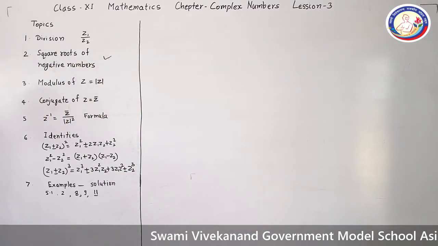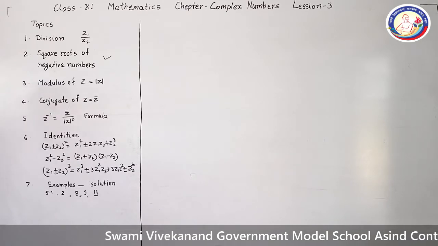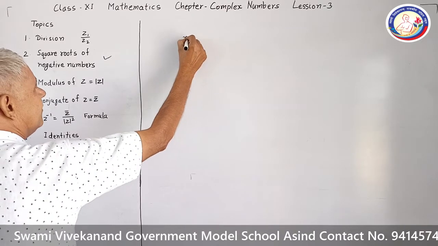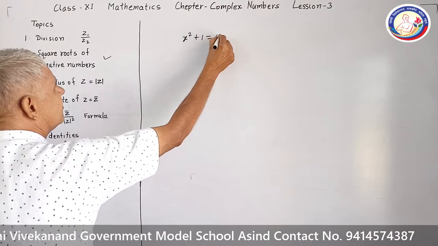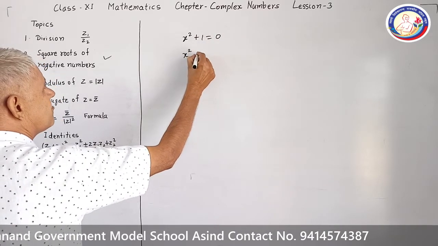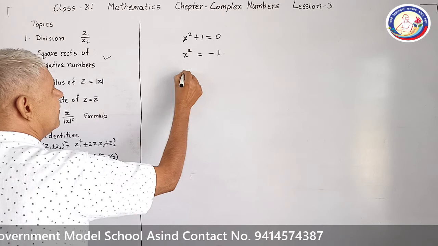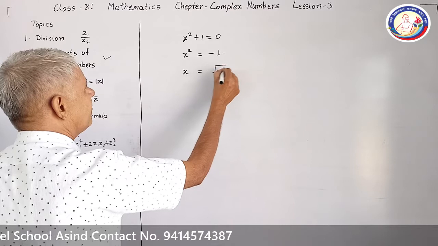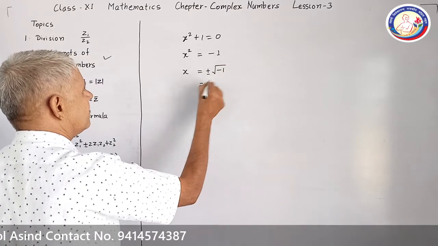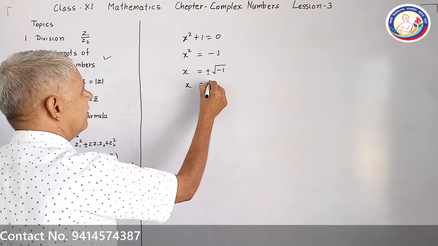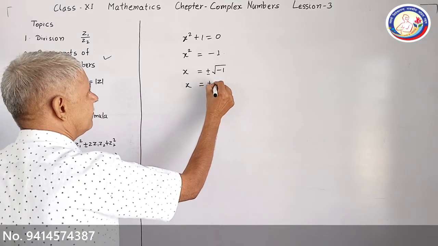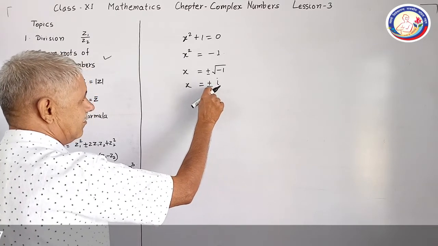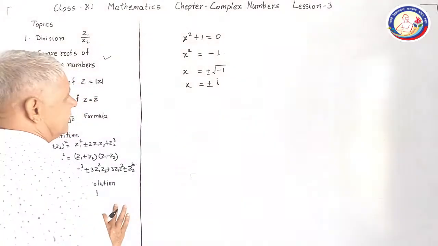Now, consider an equation we have gone through previously: x square plus 1 equal to 0. x square equal to minus 1. x equals square root of minus 1 with plus and minus sign. So x will be either plus iota or minus iota.